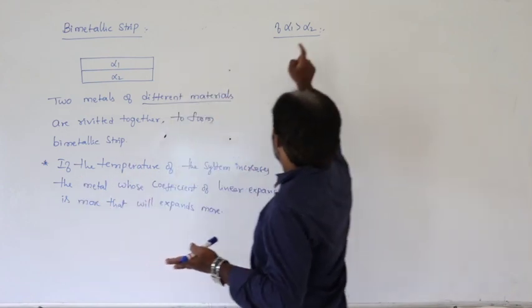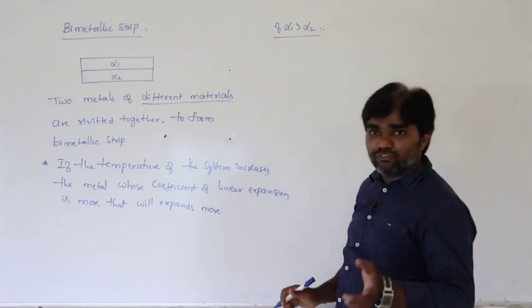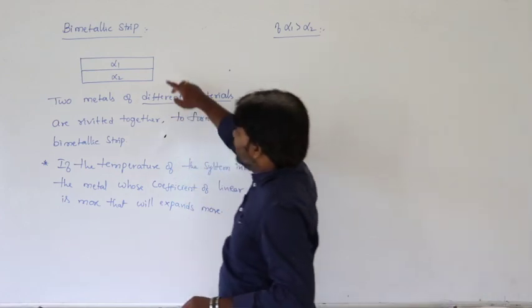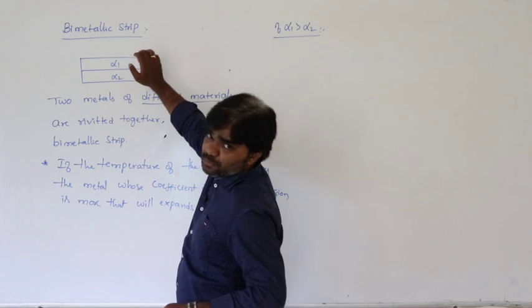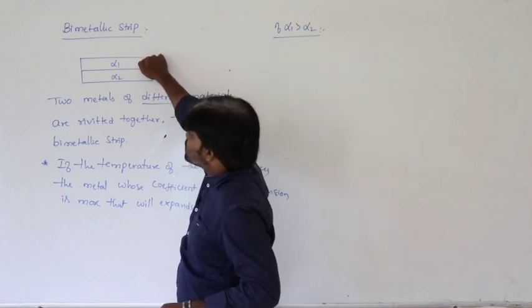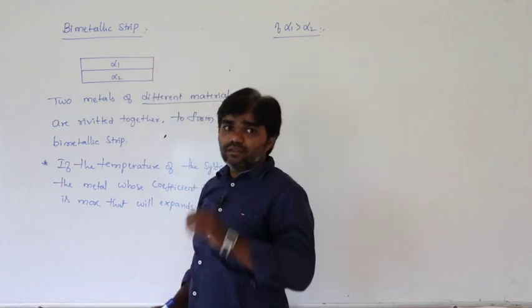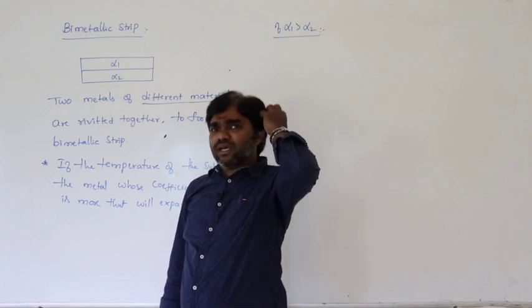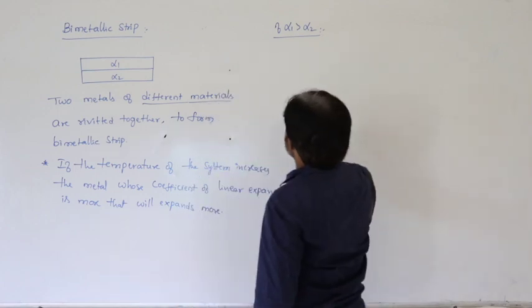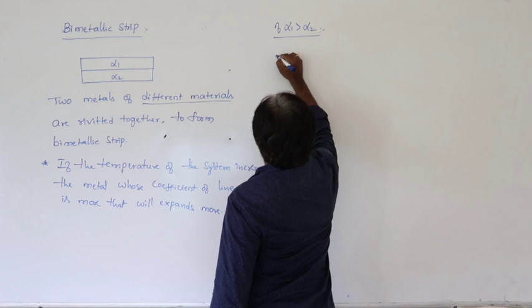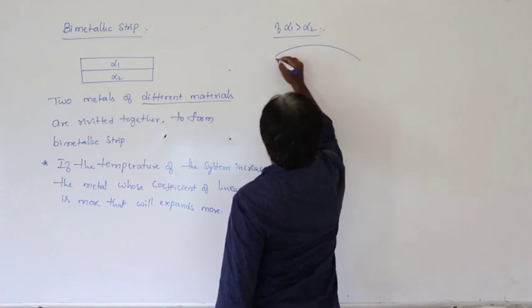But here alpha 1 is greater than alpha 2, so definitely the first metal expands more than the second metal. In that situation, the shape of the bimetallic strip becomes like this.